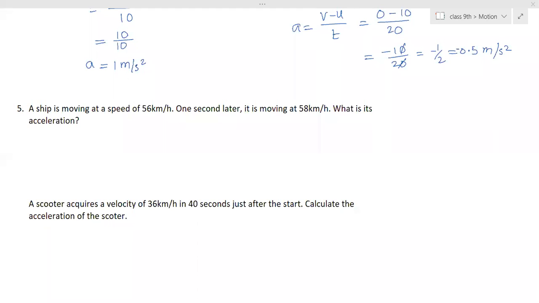Ma'am, the answer is yes. The answer is 0.25 meter per second square. 0.25 meter per second square.